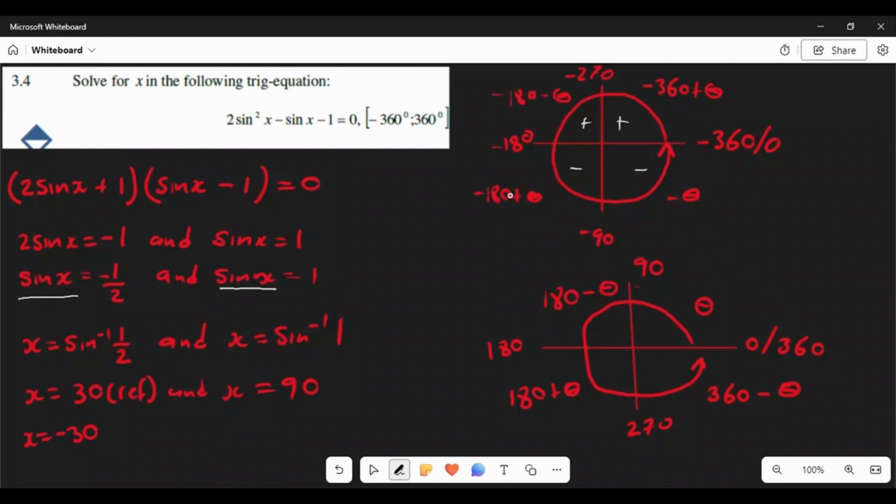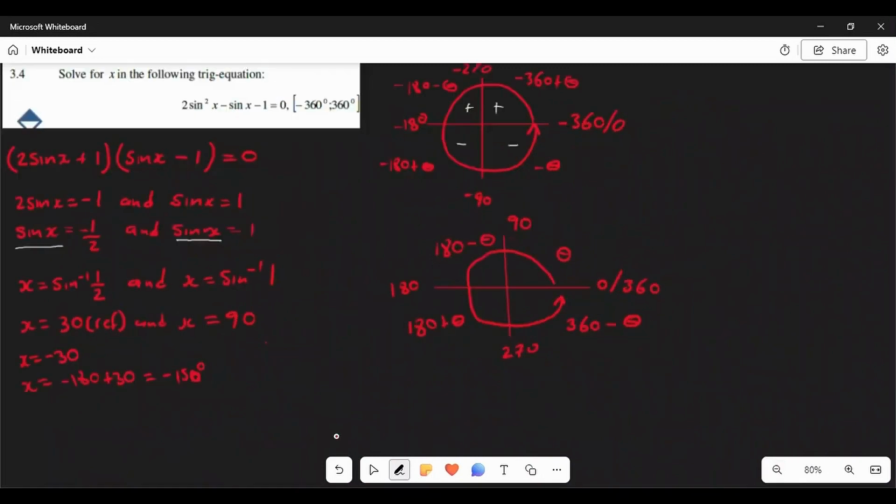So how do we represent this quadrant? It's x equals negative 180 plus theta. What is our theta here? Our theta is 30. So you're going to put the reference angle, and then we know that it's going to be negative 150 degrees. Okay, let me just create more space.